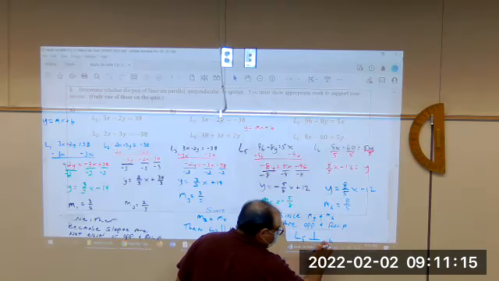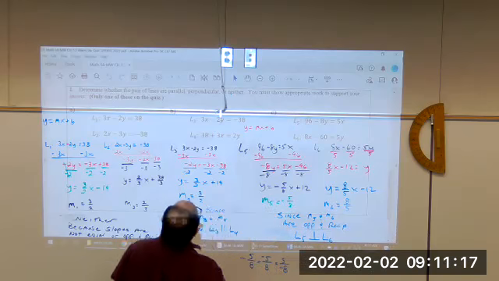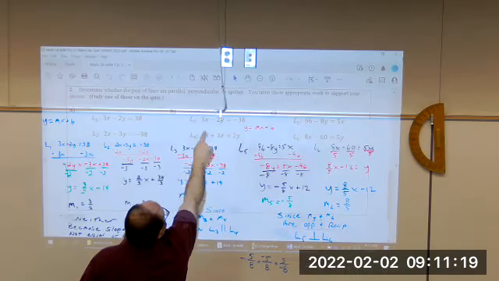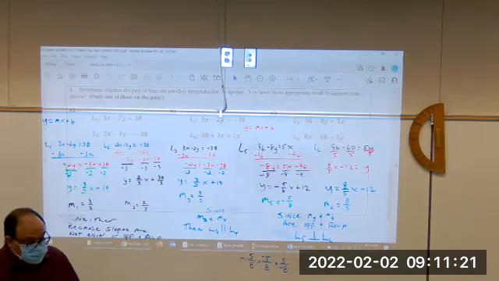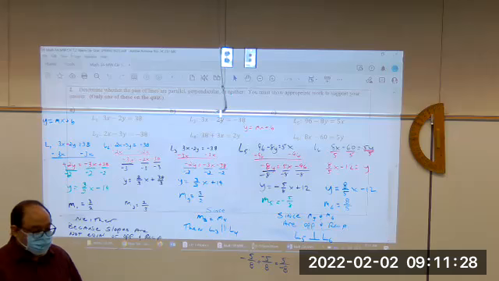Or you can write it out. Spelling counts because the word perpendicular is spelled out. That's what I'm looking for. You're just going to do one of those.